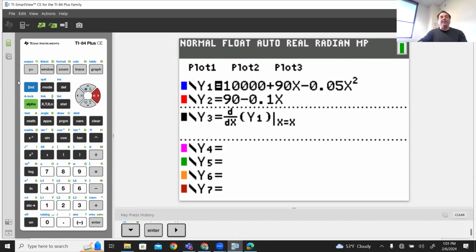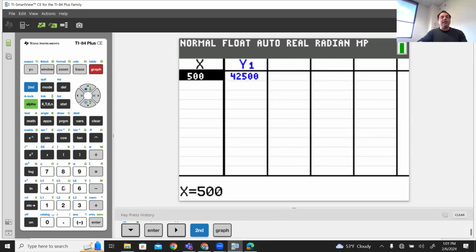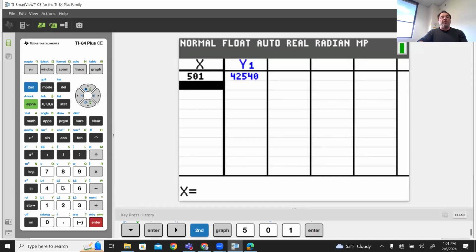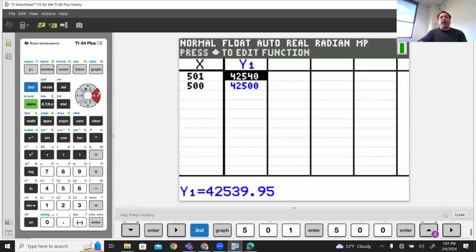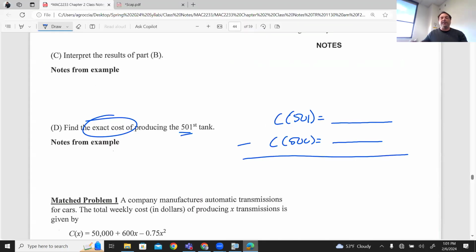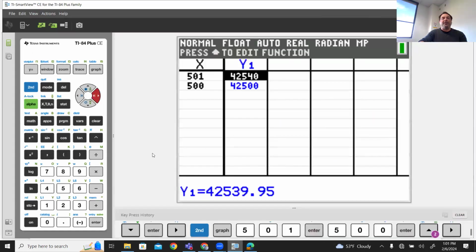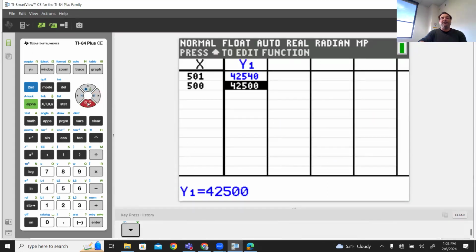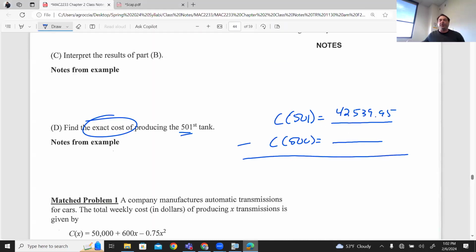The reason why is when you want exact cost, I'm going to go to the table. I want to know the total cost of 501. I want to know the total cost of 500. The total cost of 501 is technically $42,539.95. And the cost of 500 is $42,500.